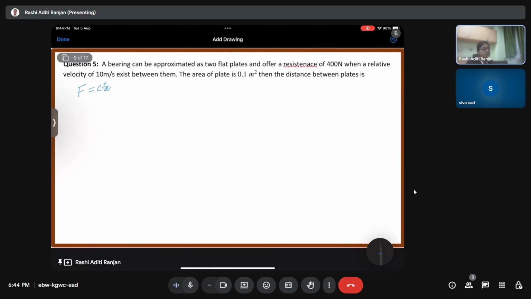Okay. So it is saying that a bearing can be approximated as two flat plates and offer a resistance of 400 Newton when a relative velocity of 10 meter per second exists between them. So what do we have to do? We have to consider two plates.